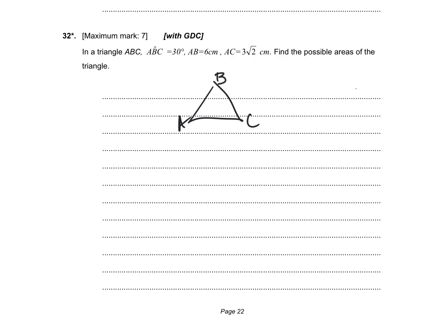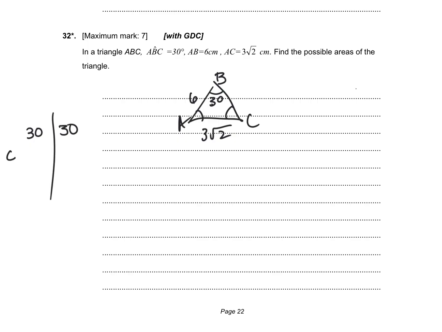All right, 32, triangle ABC. We've got, this is 30. AB is 6, and AC is 3√2. Find possible areas of the triangle. Okay, so we can find out this angle in order to find out this angle. So we're going to have 30 and 30.